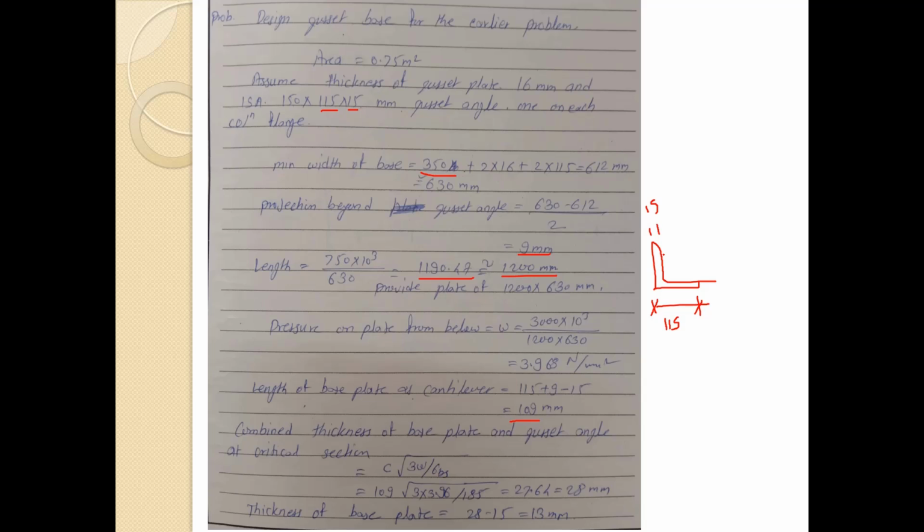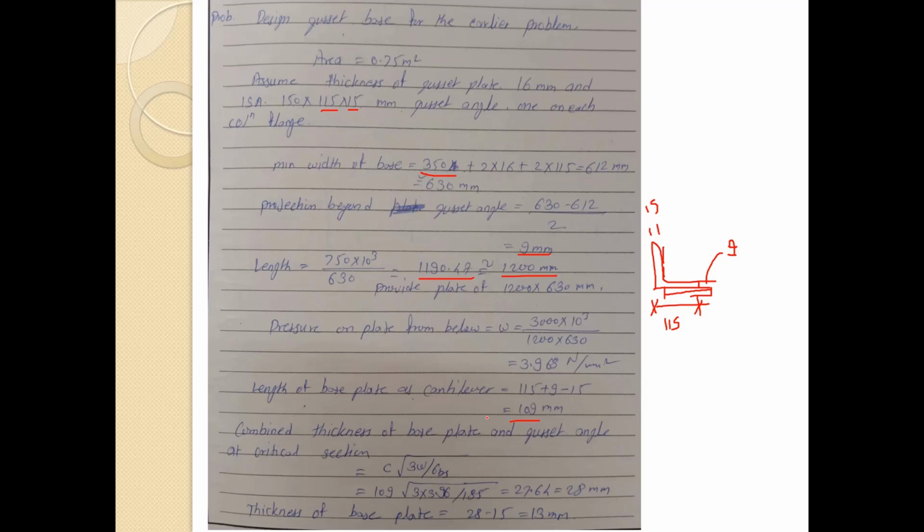So we are taking a section over here, and further this is 9 mm. So what we need is this distance, that is 115 plus 9 minus 15, so that becomes 109.